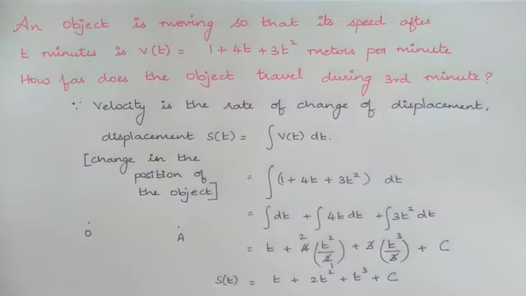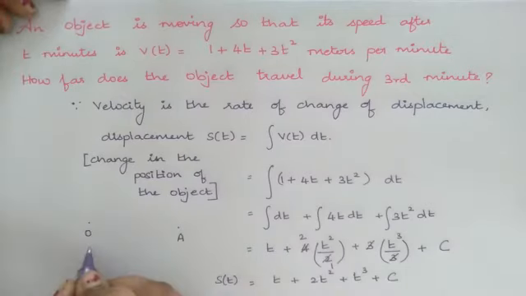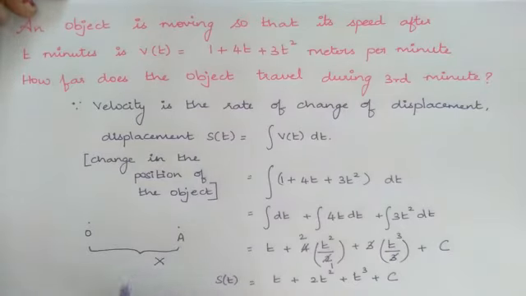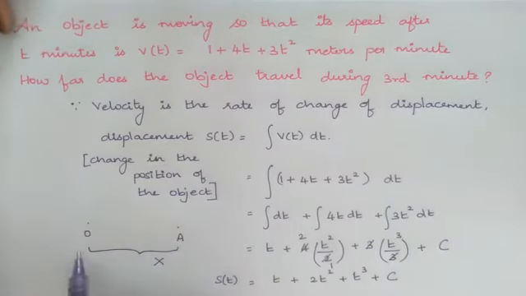When we subtract both, we will be able to identify the travel distance during the third minute. For example, from the initial position till the final position, if we identify the distance as some capital X, this will be the duration of 3 minutes. In 3 minutes the object is traveling so much distance.